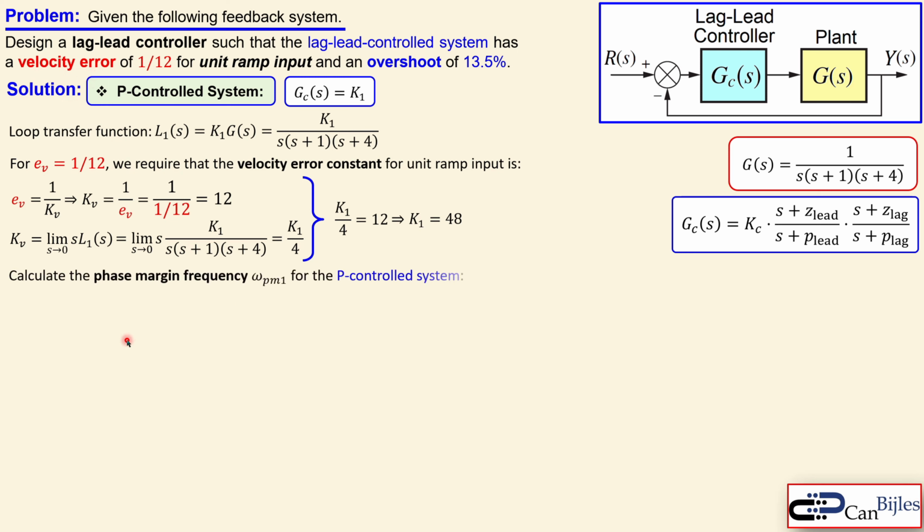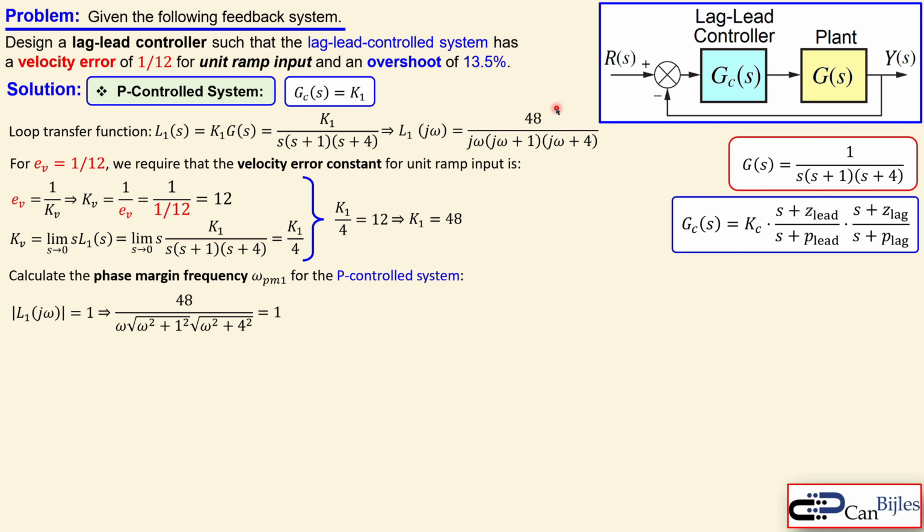But let's also calculate now the phase margin frequency and also the overshoot what we get from this P control system. The phase margin frequency, omega PM1. Okay, now we first transform this L1 to the j omega domain, which is shown here. So we replace the s by j omega, and we continue. We set the absolute value of this loop transfer function equal to 1, and then we solve it.